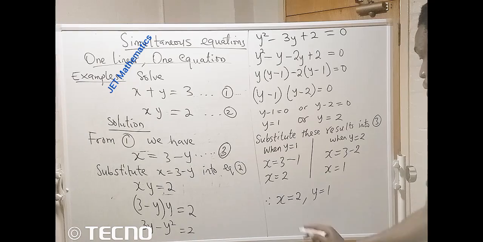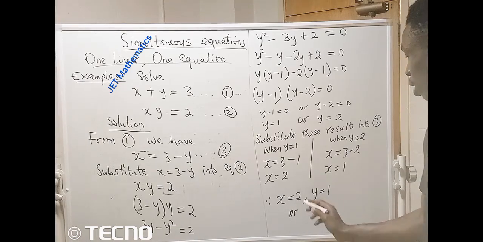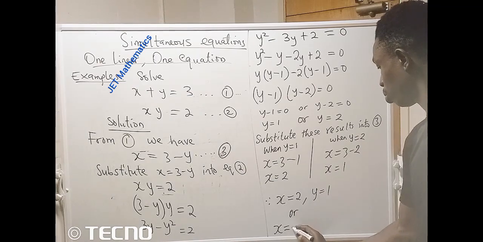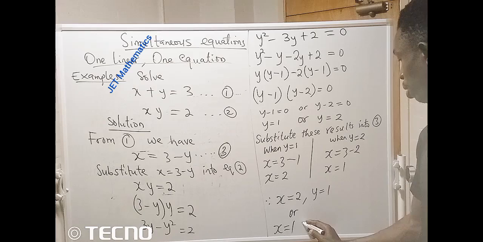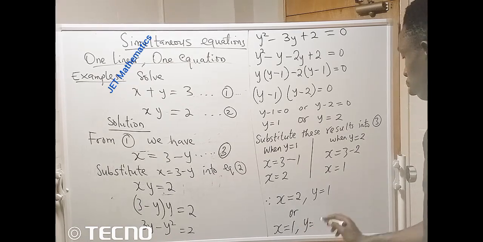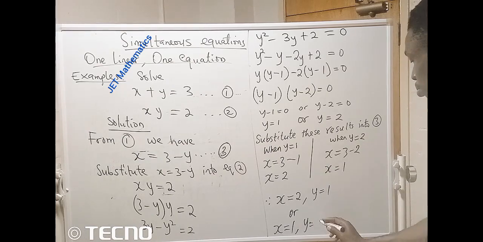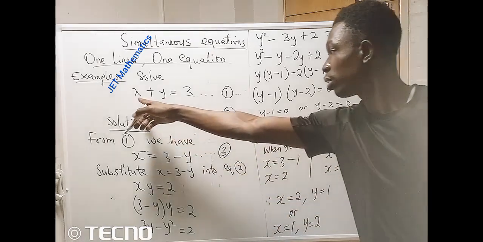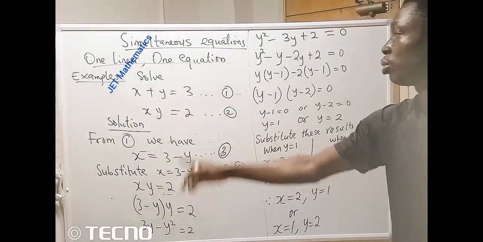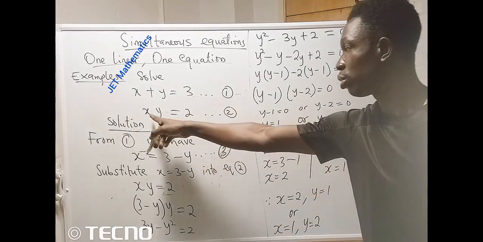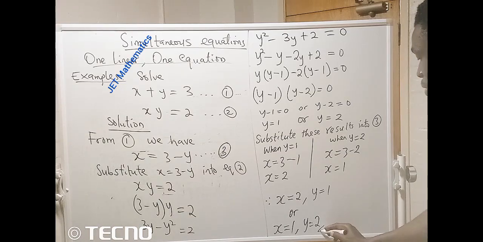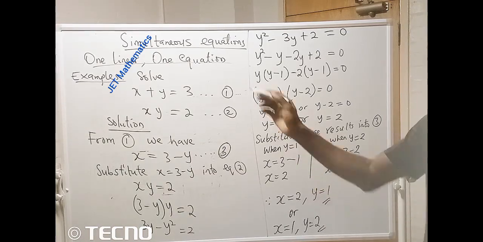Perfect solution. Or we can have, for this case, x equal to 1 when y equals to 2. It also satisfies: 1 plus 2 gives us 3, and 1 times 2 also gives us 2. So these are the solutions to this problem.